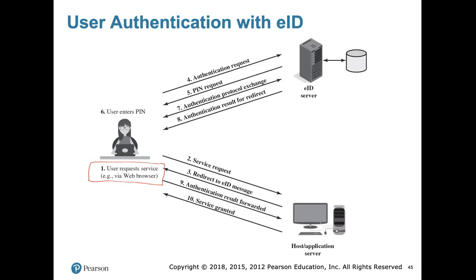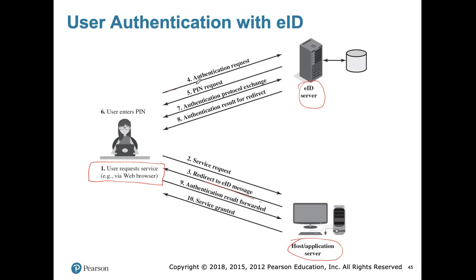So the request goes to the host application, or the server. And the server, since you have swiped your card, redirects you because you have used your EID card. The server redirects you to an EID server because the application server does not have access to that information in order to authenticate you. So it redirects you to an EID server.